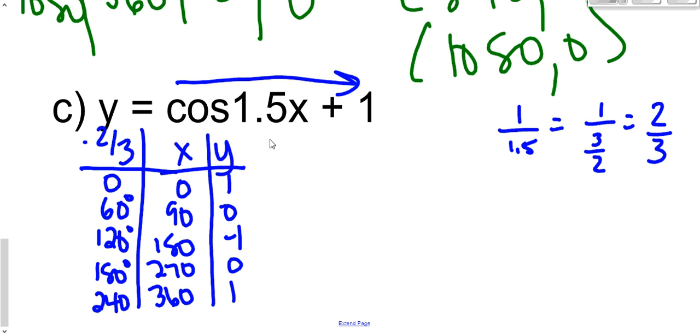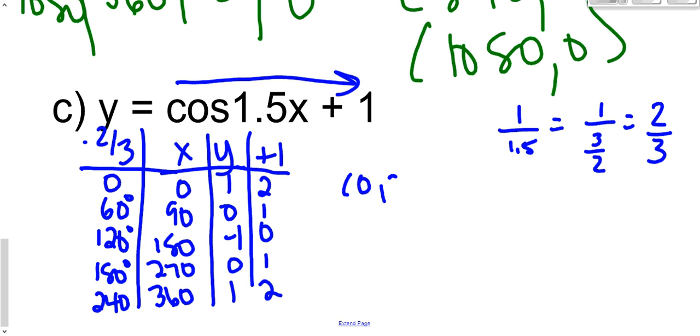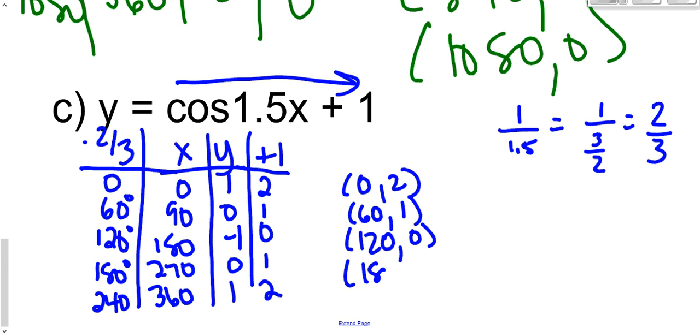All right, and then we have this +1 that's being added to the whole function. So let's go over here and go +1, which is 2, 1, 0, 1, and 2. All right, so now we have our points: 0 and 2, 60 and 1, 120 and 0, 180 and 1, and 240 and 2.